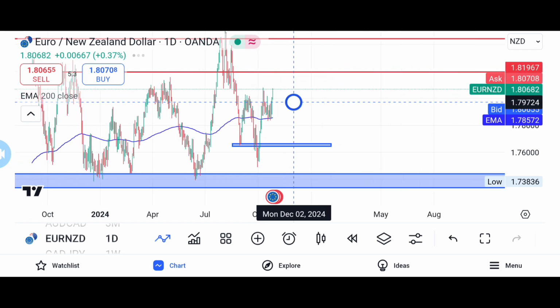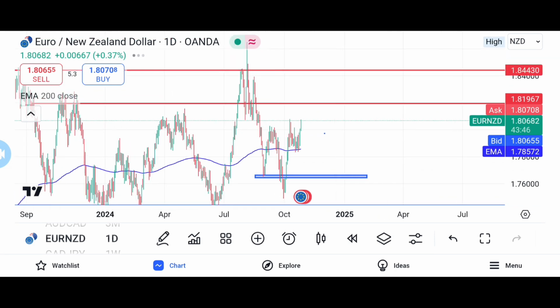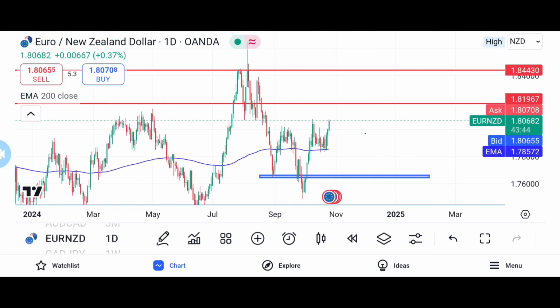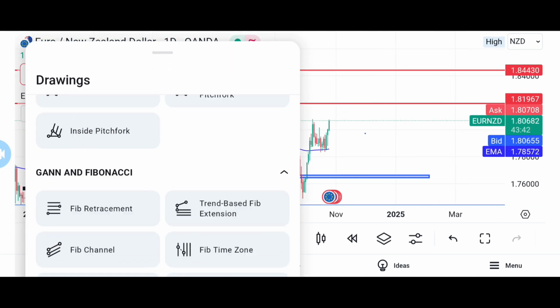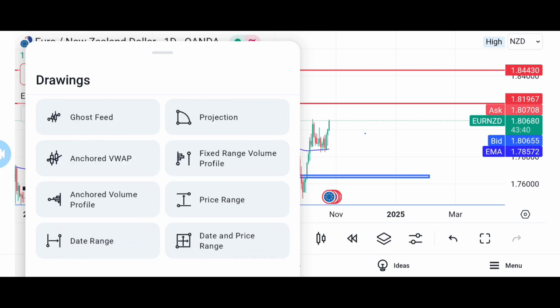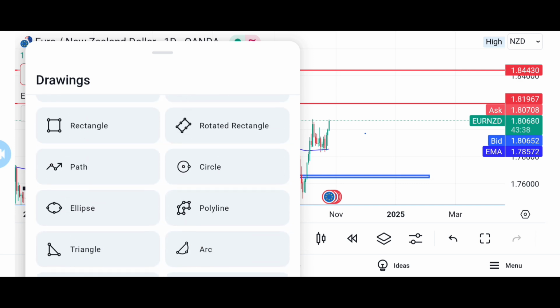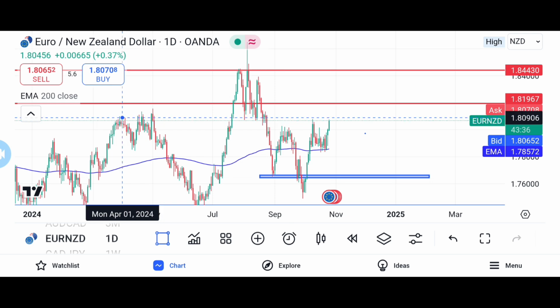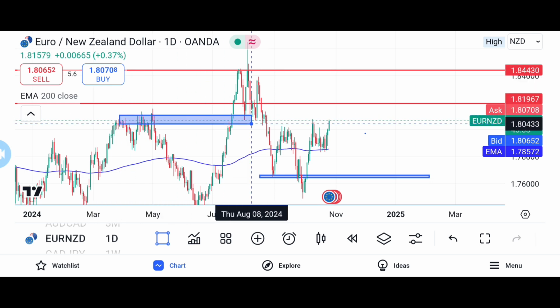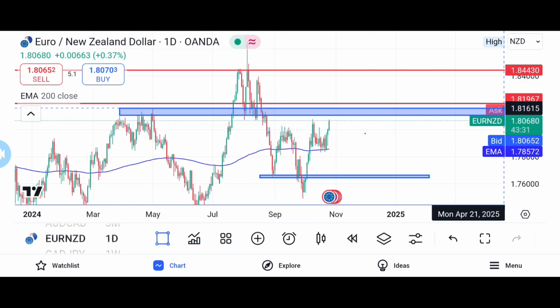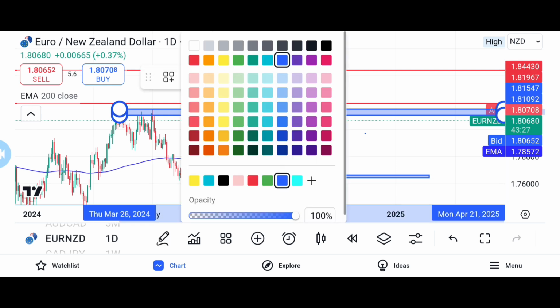So let me adjust this area so that we can see it clearly. Now this one will be our new resistance in daily.